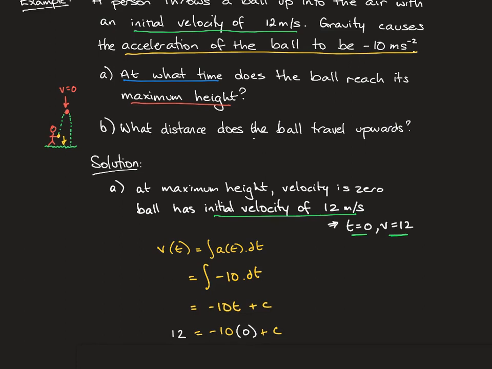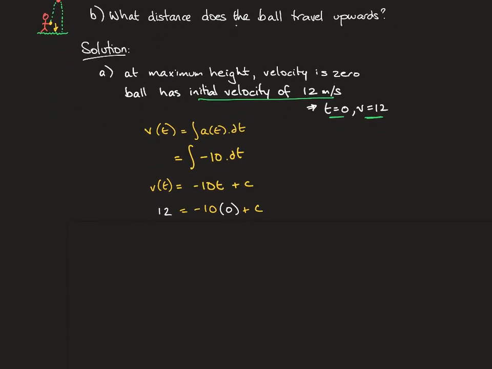My velocity formula was v of t equals minus 10t plus c. Our velocity was 12, our time was 0 at the start. Substitute those in, and we get not 0, we get c is equal to 12. And so our formula for velocity now looks like this, minus 10t plus 12.